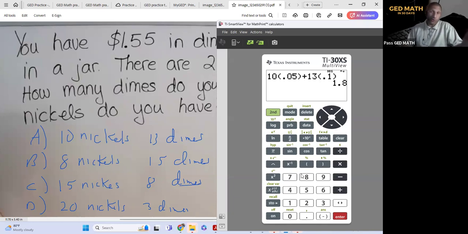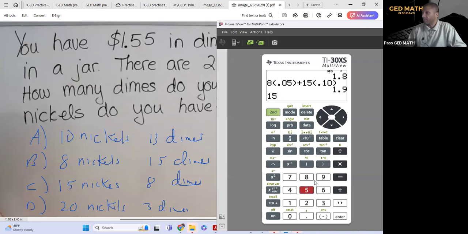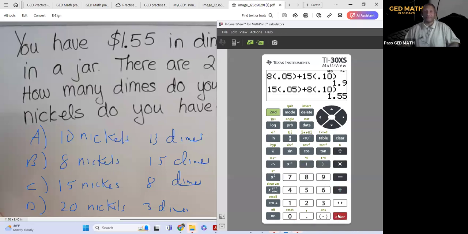Now you could write that over, or you could go back into the equation like I showed you in the ebook, but I'm going to write it all over so you can see it. 8 times 0.05 plus 15 times 0.10. Did I get $1.55? No. Go to option C: 15 times 0.05 plus 8 times 0.10. Did I get $1.55? Yes.